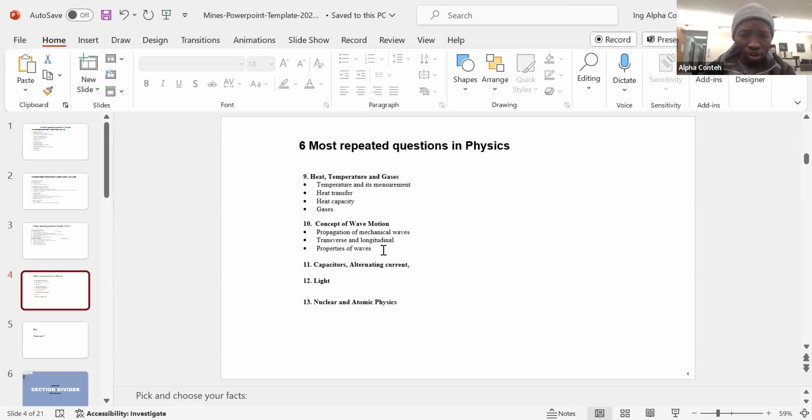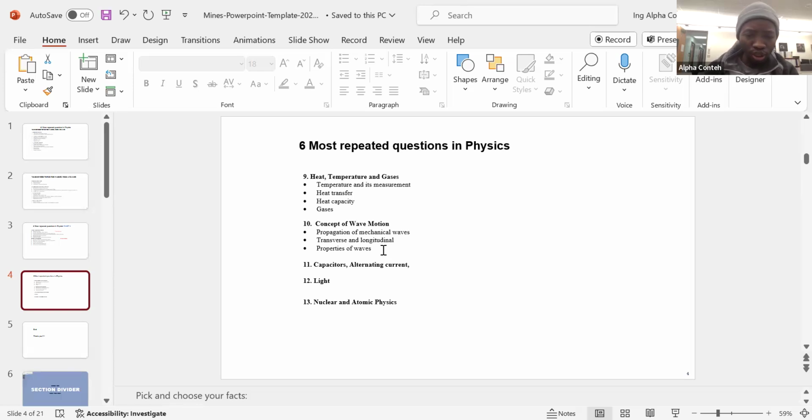We also need to take note of the properties of waves. We have various properties of waves, so all of this must be considered. Among the properties of waves, we have reflection, refraction, diffraction, interference, and polarization. So all of these are basic properties of wave motion, and you must be able to consider them.